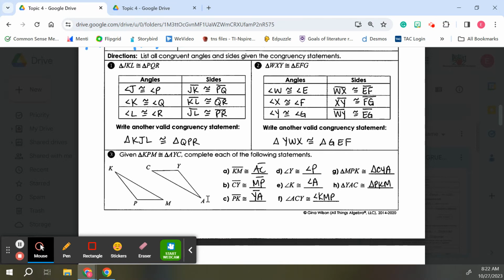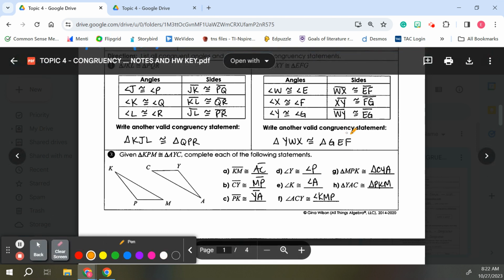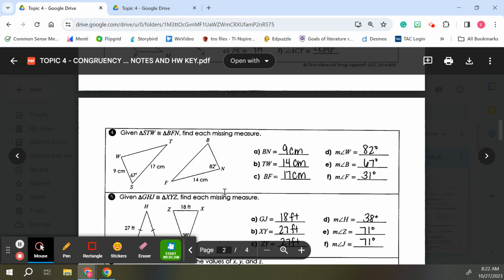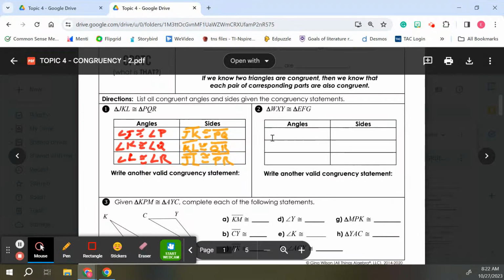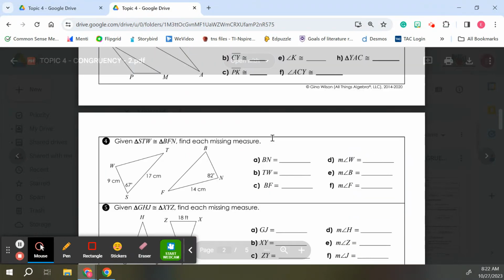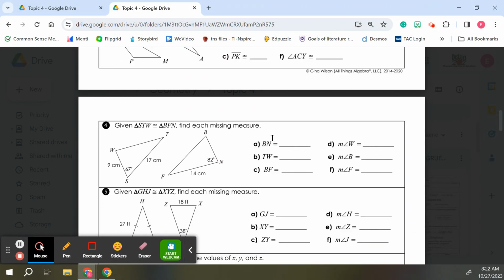Any other questions? Okay. The reason why is because these are also specific angles. So you can't mix up the angles. Alrighty, we're gonna skip 4. Let's go to 5. Now this one, they're just saying, hey, what are these values?